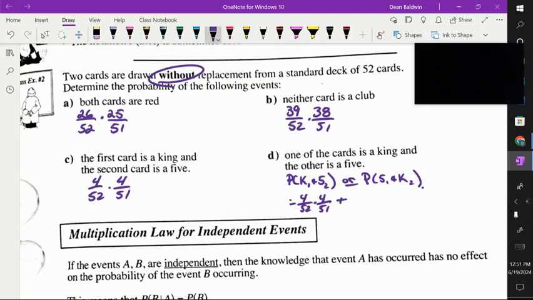As soon as you restrict it to the first card has to be a king and the second card is a 5, you've eliminated this option, right? So if you take away the order, then you increase your probability. So when you add order to things, it shrinks the probability because you're putting more restrictions on it.